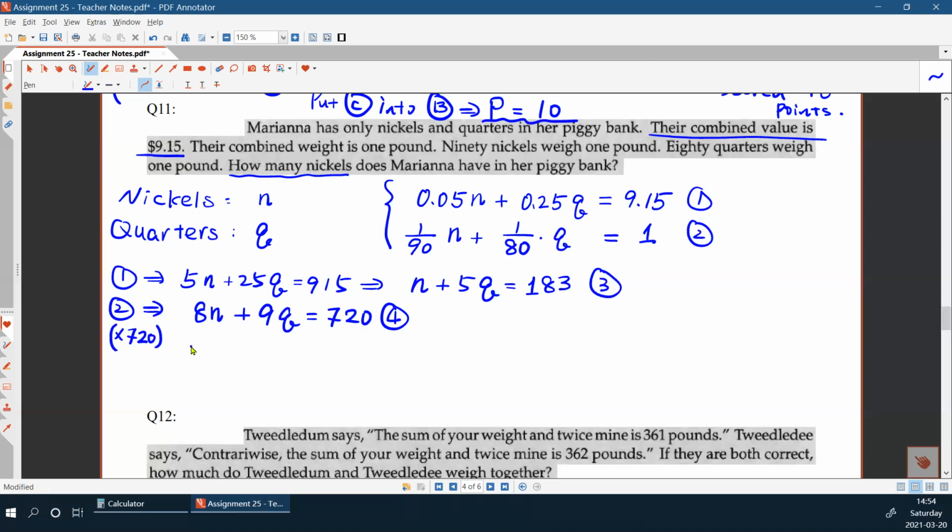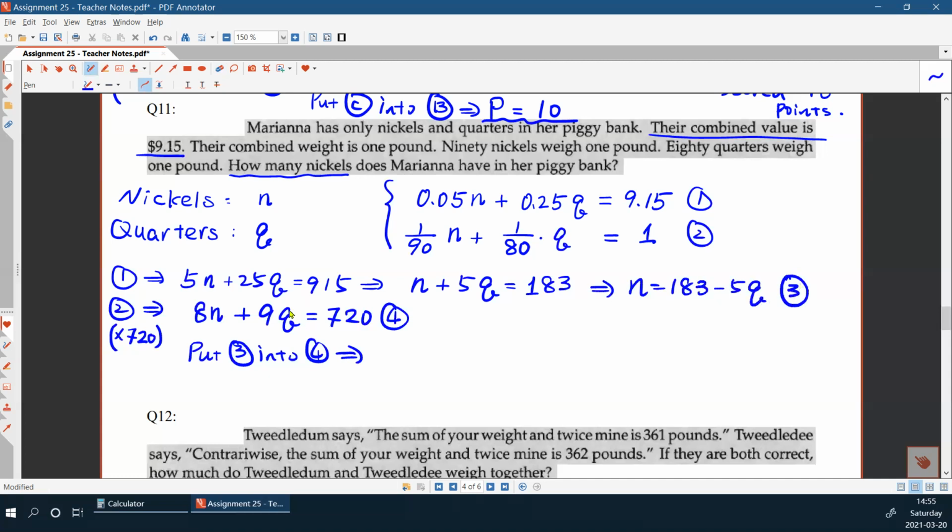Then we can put number 3 into number 4. Number 3 tells you, let's make this clear, n equals 183 minus 5q.